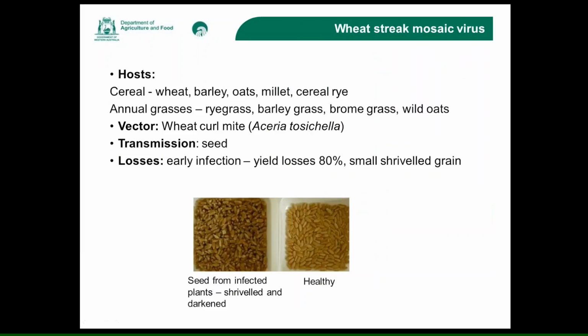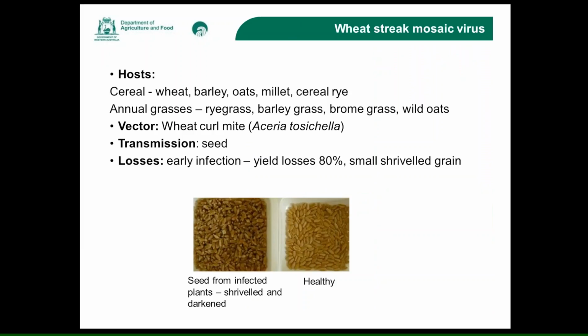So as I mentioned previously, all cereal types are potential hosts of wheat streak mosaic virus, including wheat, barley, oats, millet and rye, and a number of annual grasses. Barley grass in particular is a host. We've found those plants infected at quite high levels. Ryegrass, brome grass and also wild oats can be hosts of the virus as well, and this is how it survives between growing seasons.